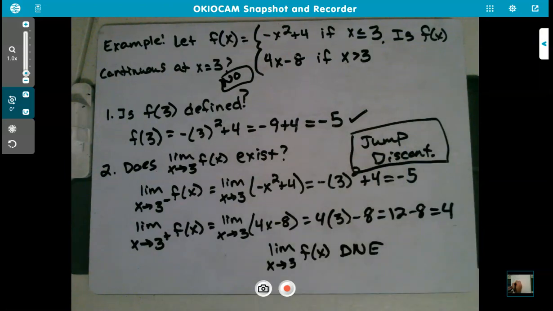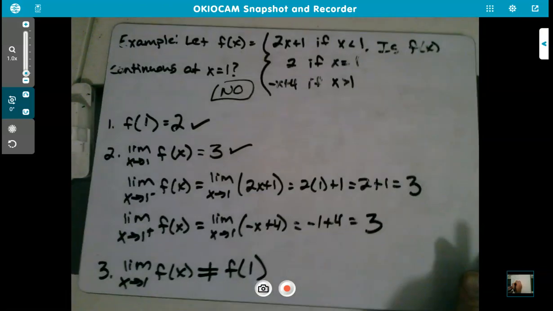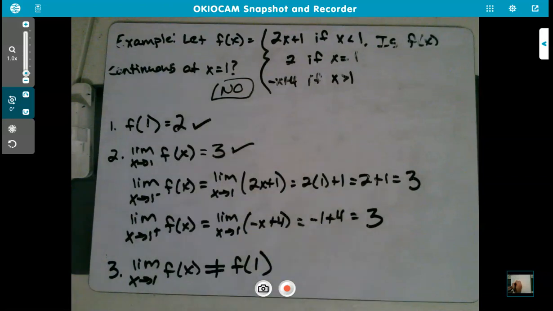The third example we did was the piecewise function 2x plus 1, 2, and negative x plus 4. What we saw here was it didn't work because they weren't the same, so I'm going to go through my types and see which one it is.